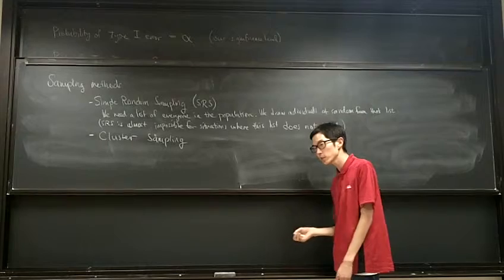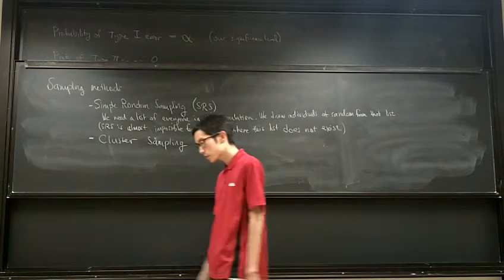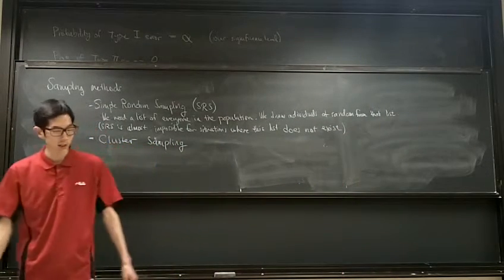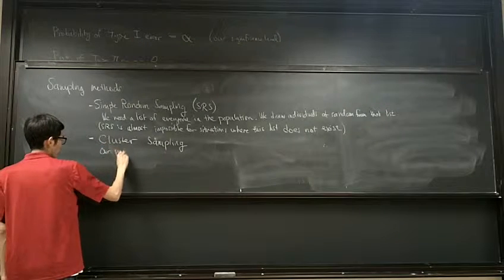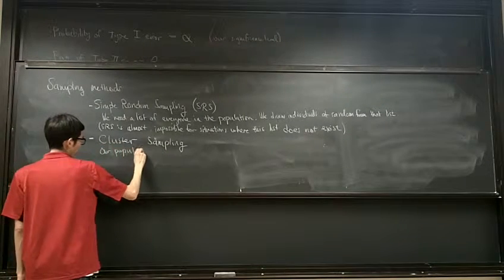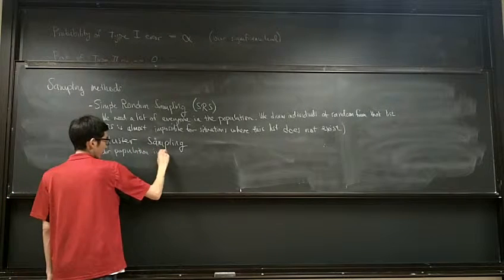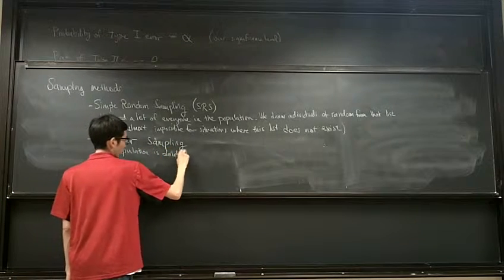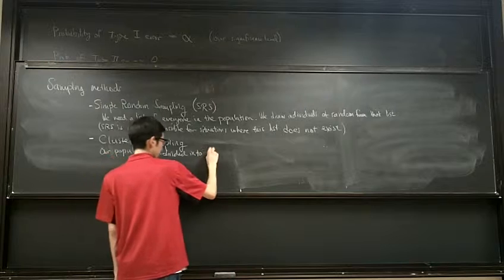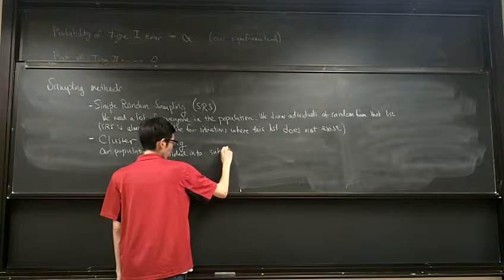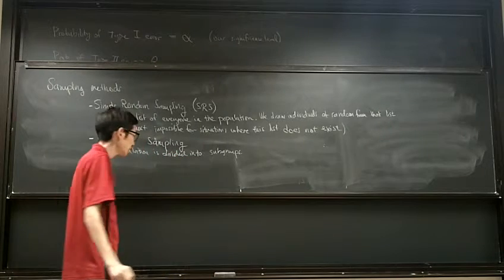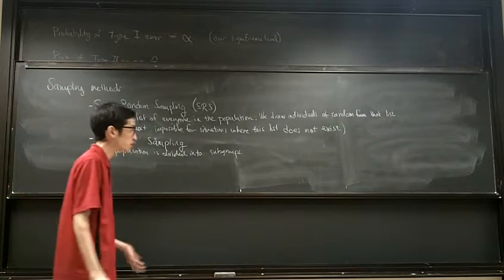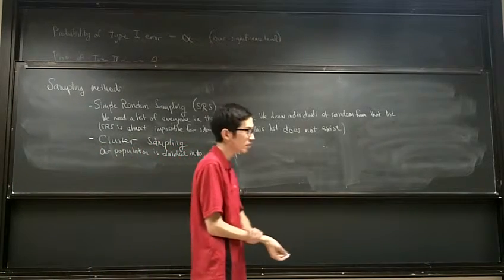Okay. So cluster sampling. This says our population is divided into subgroups. And here's the key. Our subgroups, we have a list of all the subgroups.